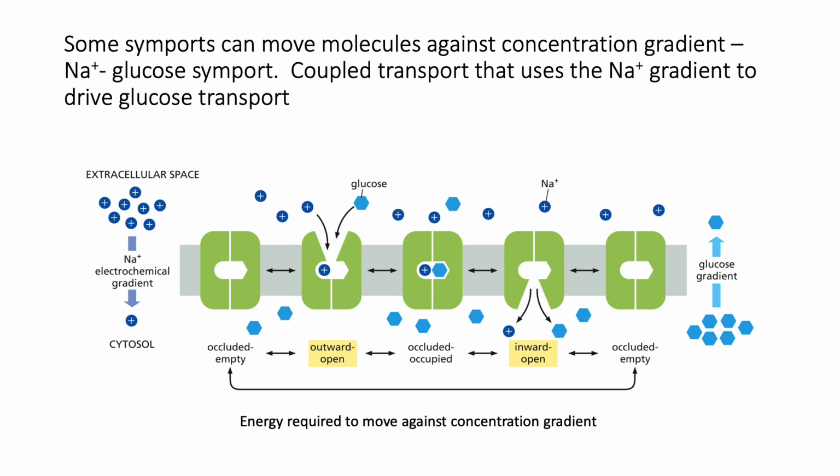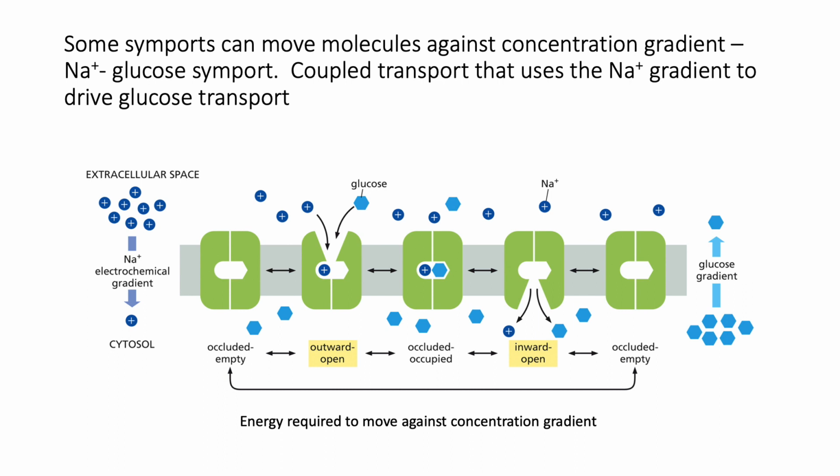So while the sodium can move, in principle, the only way it really can enter is by binding glucose and allowing the transport. So the sodium gradient is potential energy driving the transport of glucose into the cell.